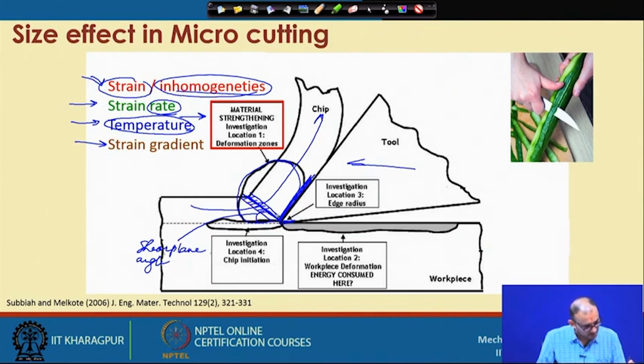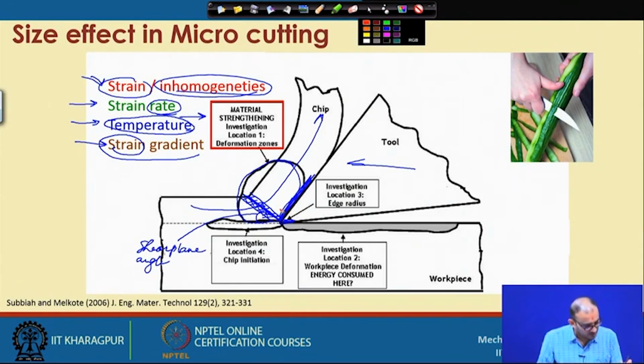This is the particular shear band in which the deformation is going to occur. So, strain is not actually uniform in this area. Some locations have a higher strain rate and some a lower strain rate. We have to understand what is going to happen when you do cutting at a micro scale to this strain gradient. The initial contact is at this location.